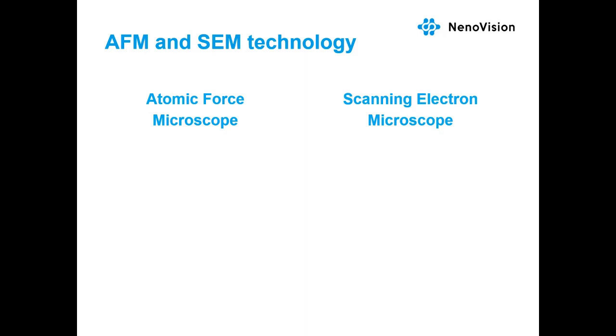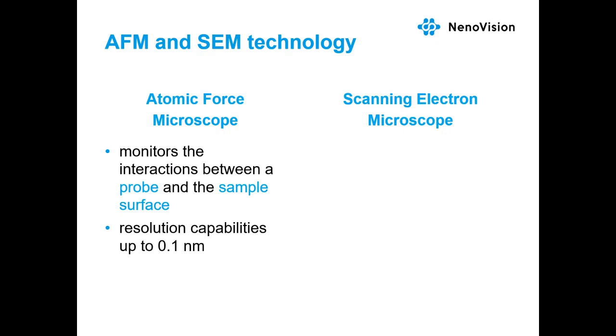So I will describe a bit AFM, atomic force microscopy, and SEM technology, and all of you know they are based on completely different principles. Atomic force microscopy is based on the interaction between a very sharp probe and the sample surface. So what we are talking about is actually touching the surface of your sample.